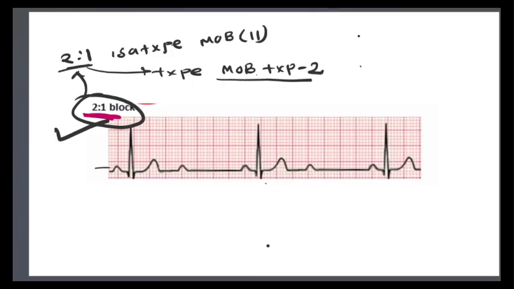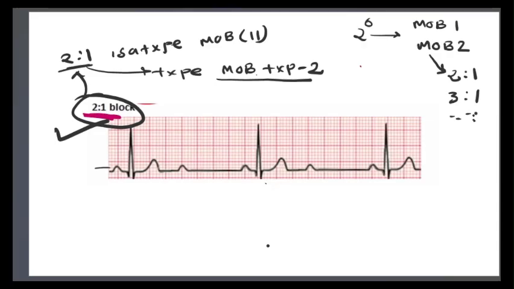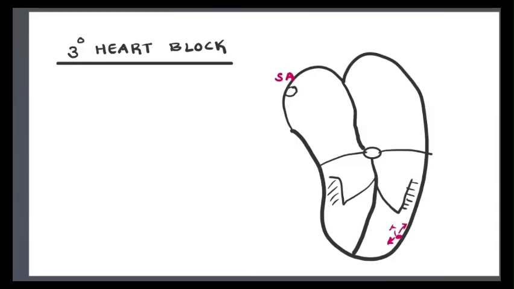So in second degree heart block, we have Mobitz type 1, Mobitz type 2, and high grade block, which is considered a variant of Mobitz type 2. One example is 2 is to 1 block, 3 is to 1 block, and so on. Next, we will discuss third degree heart block.